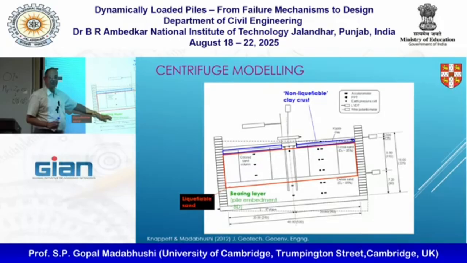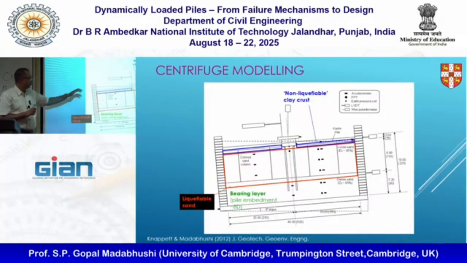of 85%. And to do this accurately, somebody was asking yesterday, how are you sure that you get this relative density? We built a machine which can pour the sand to the density you want. You tell the program the speed at which it pours, and you will get the right relative density.